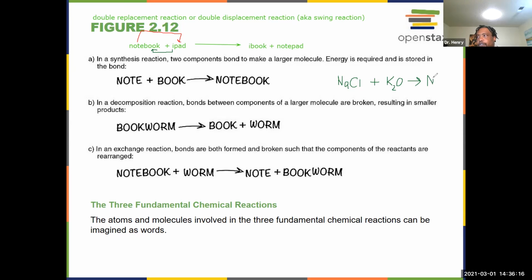So then you'd have sodium oxide, and you'd end up with potassium chloride. Your positive is always going to go first. A positive is going to replace a positive, and a negative is going to replace a negative for the swinging reaction. Okay. Questions, concerns? Good.